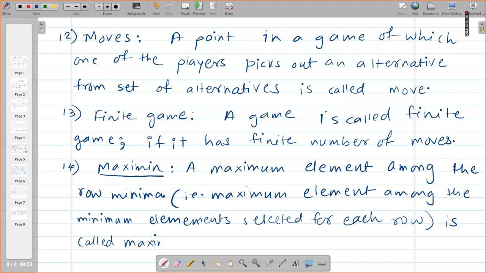So from all rows, I will first find the minimum numbers from each row, and then among all those minimums I will find the maximum entry. That is called maximin.